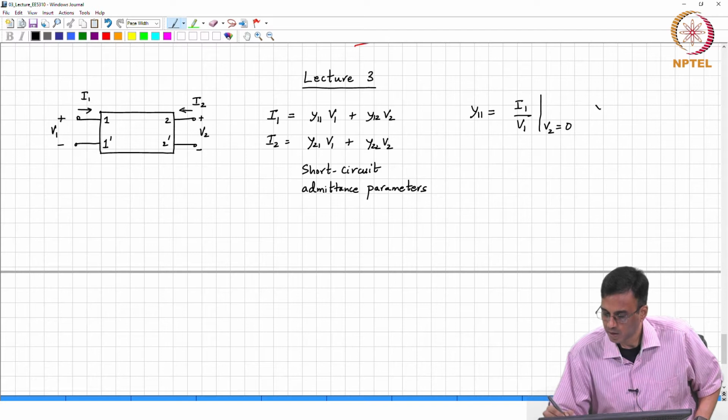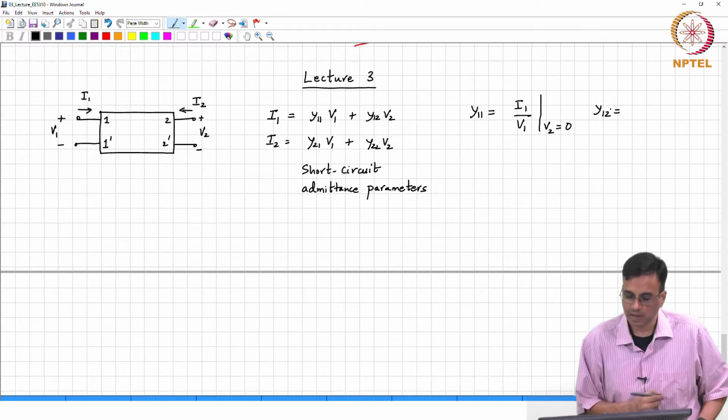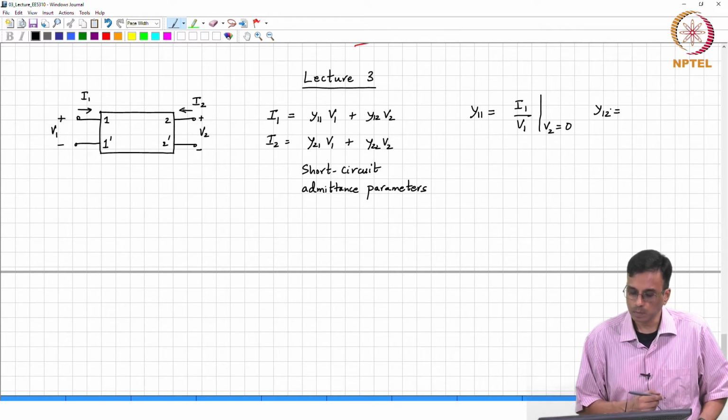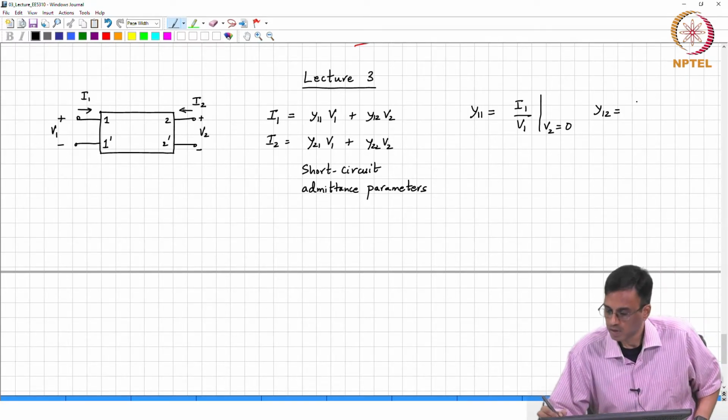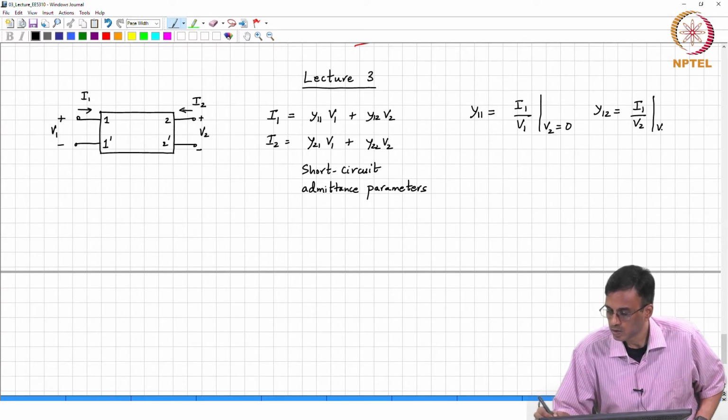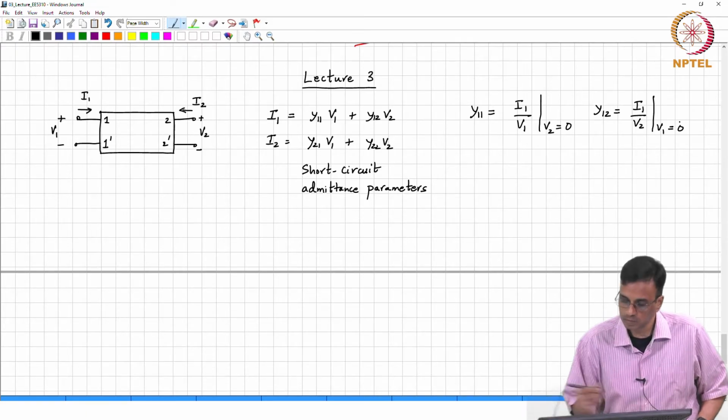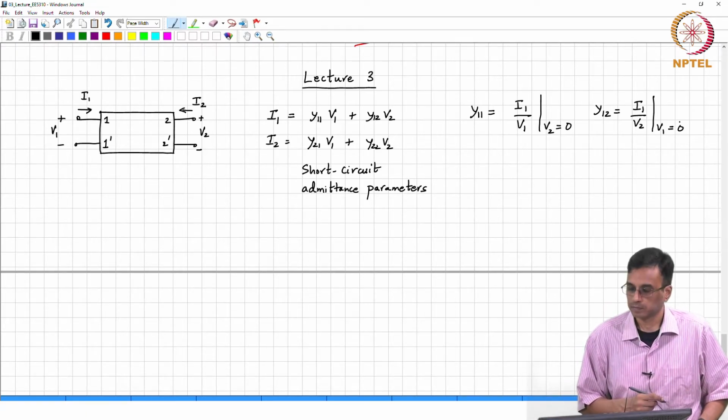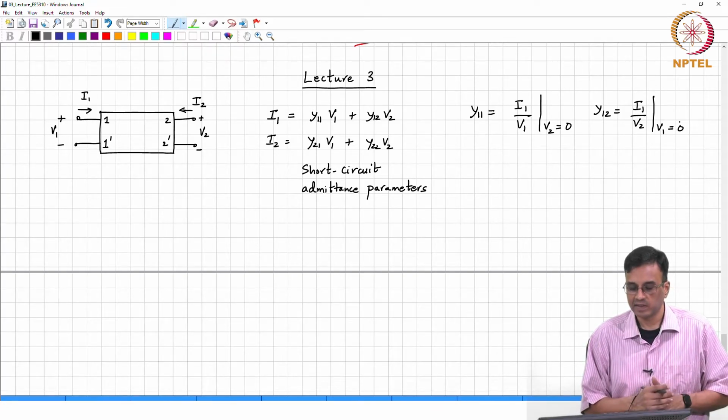Similarly, Y12 is nothing but I1 over V2 when V1 equals 0. So, Y11 is the admittance seen at port 1 when port 2 is shorted, and similarly Y22 is the admittance seen at port 2 when port 1 is shorted.